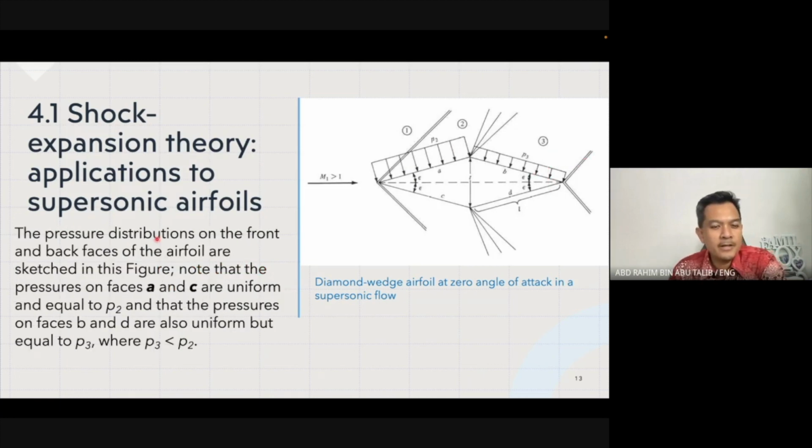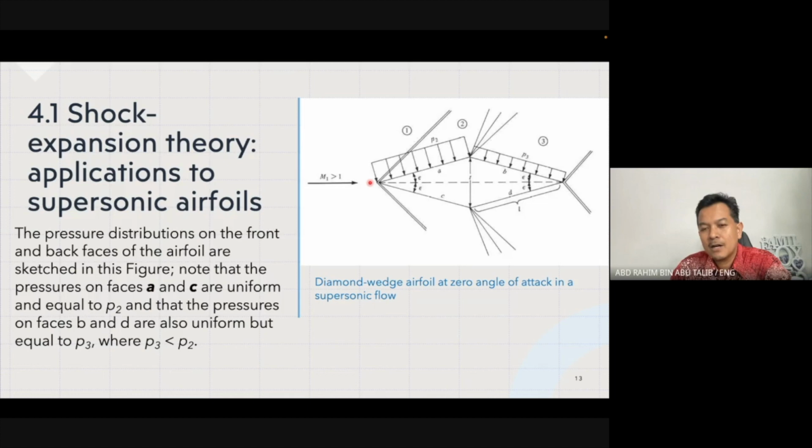Looking at the pressure distributions on the front and back faces of the airfoil, which is sketched here, note that we have face A on top, and then face B also on the top surface, and then faces C and D on the bottom surface. The pressure on face A and face C is uniform and equal to P2 because it is at zero angle.